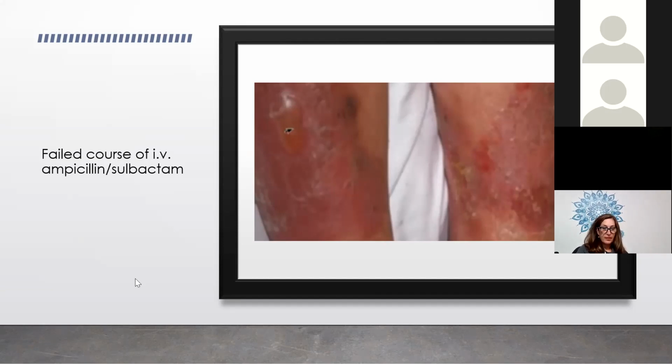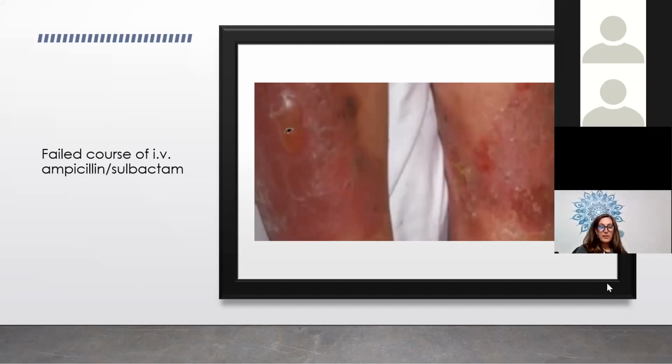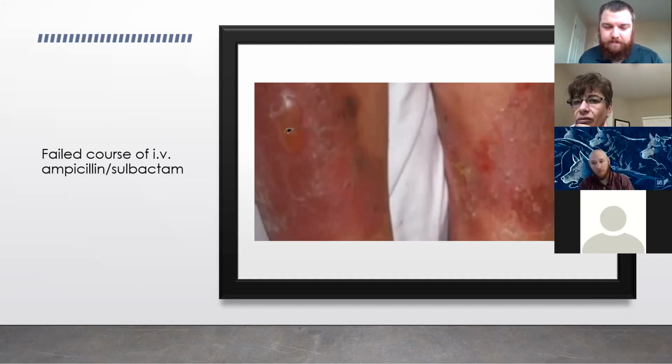The edges are raised. Again, stasis dermatitis. There's no warmth, there's no swelling of the skin, the edges are palpable, it's probably tender, and this has probably been going on for weeks to months.